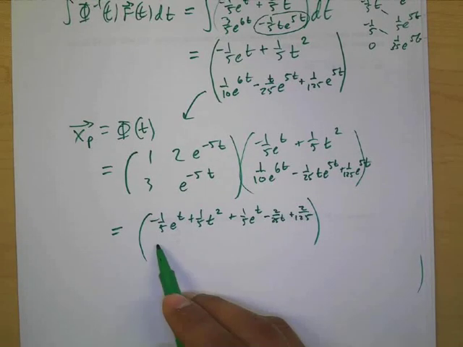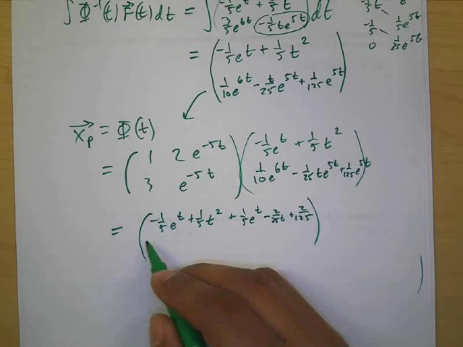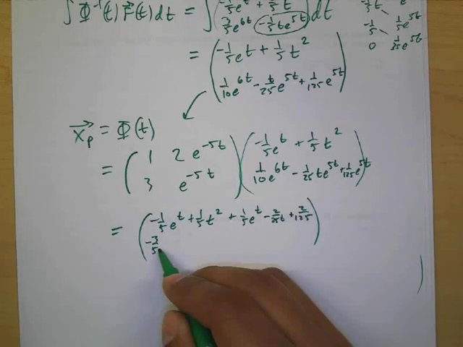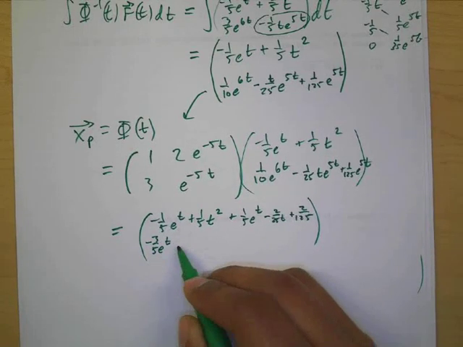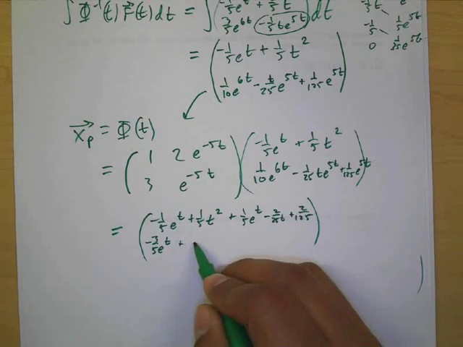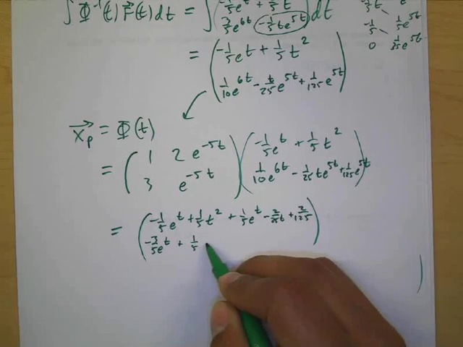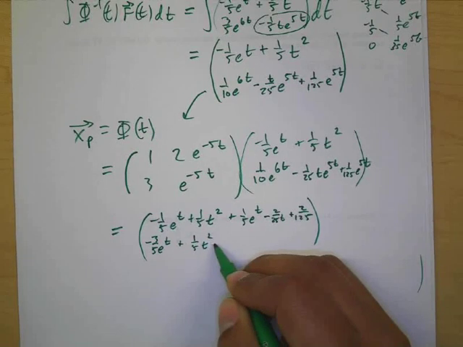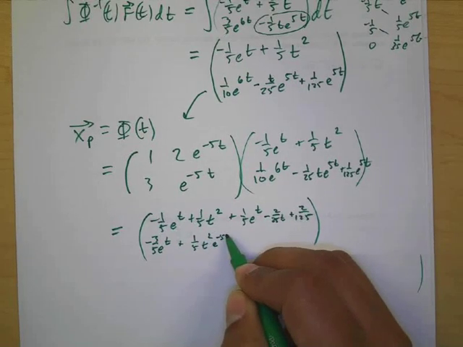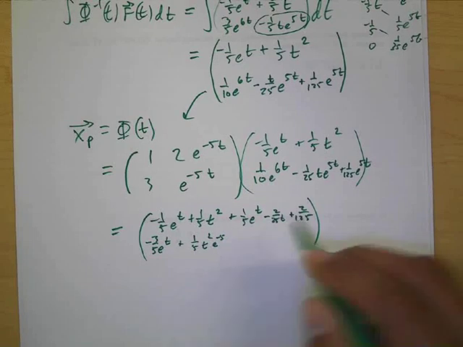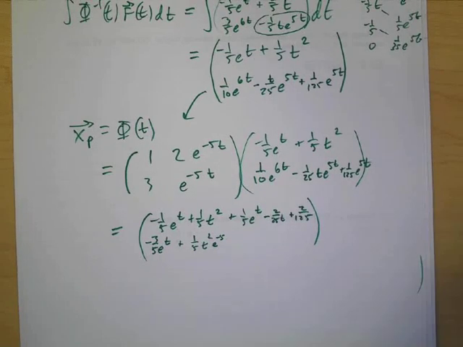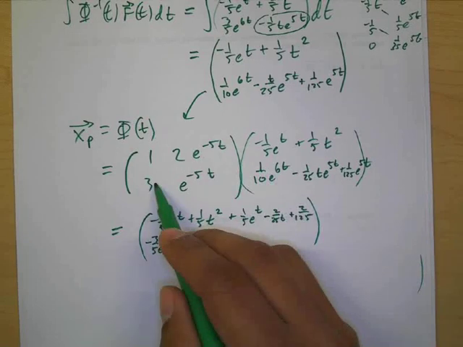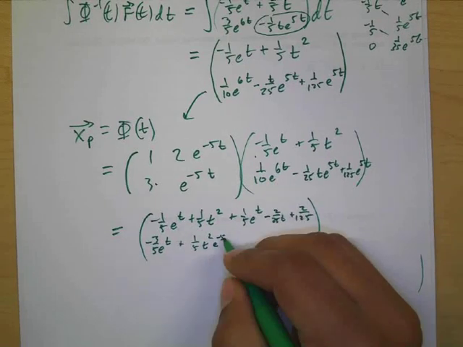And if we do the same thing with the bottom row, negative 3/5 e to the t plus 1/5 t squared e to the negative 5t. Oh wait, I'm getting ahead of myself, aren't I? 3 times that, yes I am.